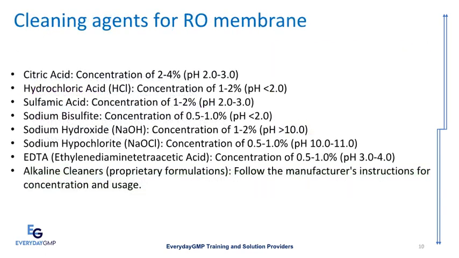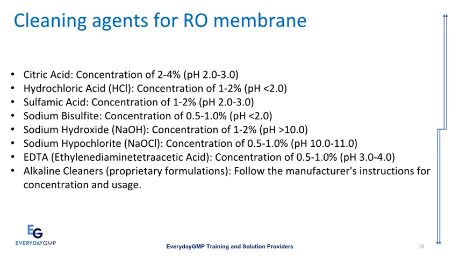Cleaning agents for RO membrane. Citric acid: concentration of 2 to 4%, pH 2.0 to 3.0. Hydrochloric acid, HCl: concentration of 1 to 2%, pH less than 2.0. Sulfamic acid: concentration of 1 to 2%, pH 2.0 to 3.0. Sodium bisulfite: concentration of 0.5 to 1.0%, pH less than 2.0.